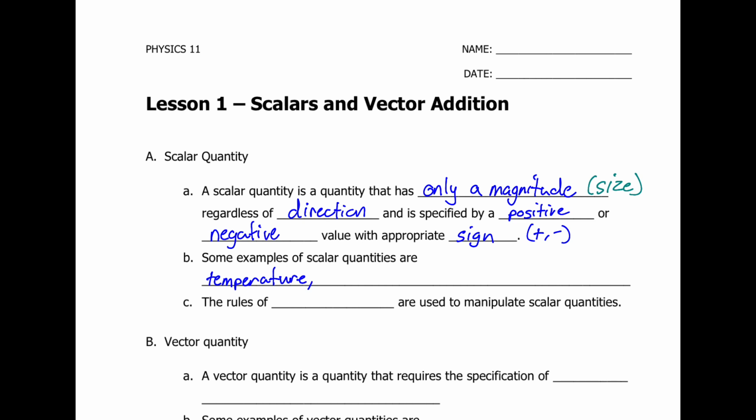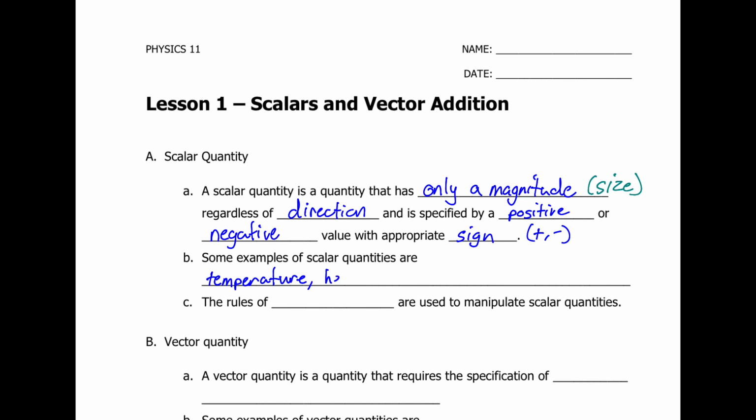If we use a different temperature scale, the Kelvin scale has 0 set to absolute 0. You cannot have a negative number, so that doesn't make sense. So all temperatures measured in Kelvin are positives. While temperature itself is a scalar, depending on where you set 0 to be, you can have positive and negative numbers. Height works too, like sea level, because it can go above and down, that's fine.